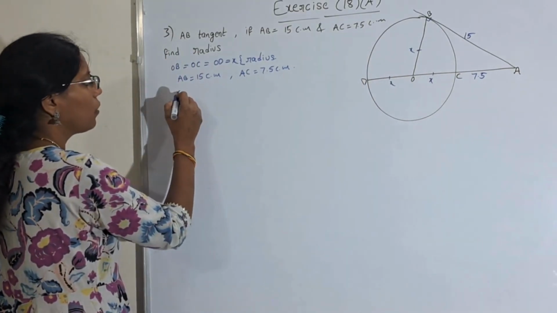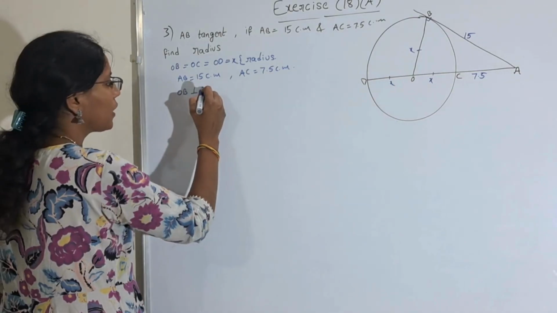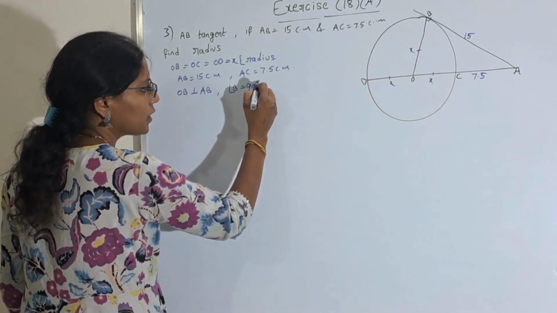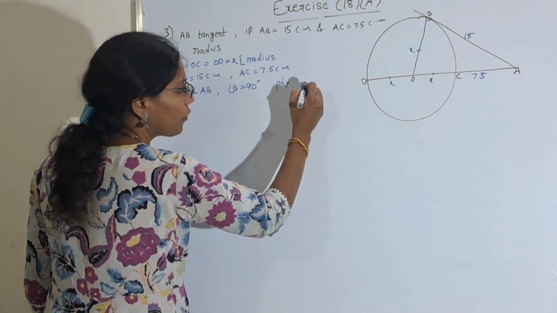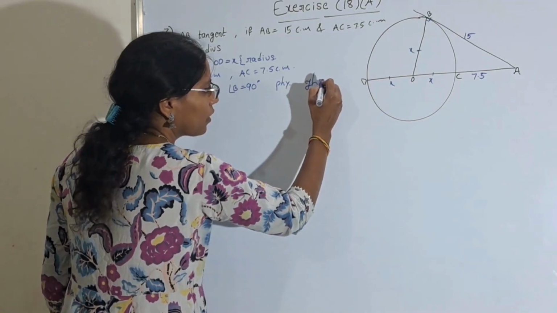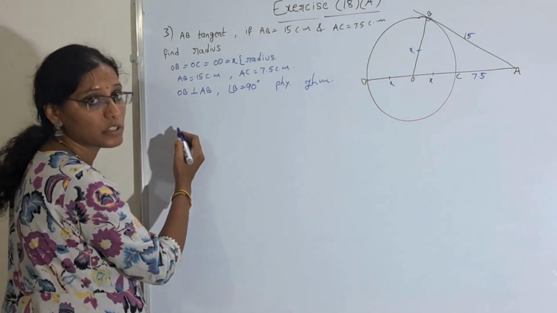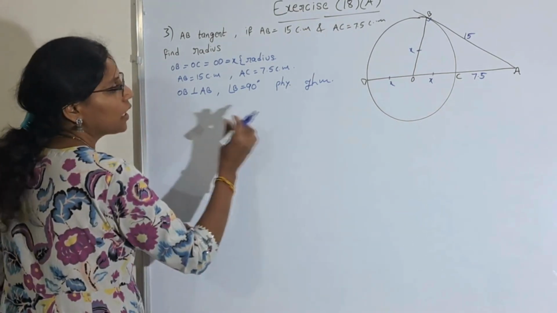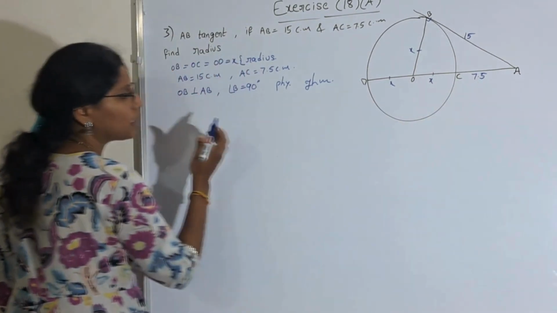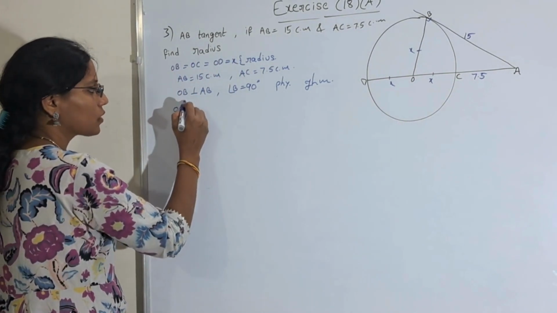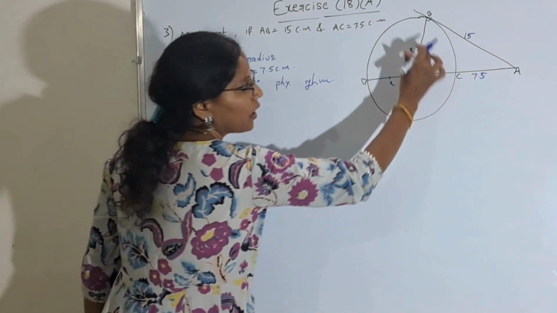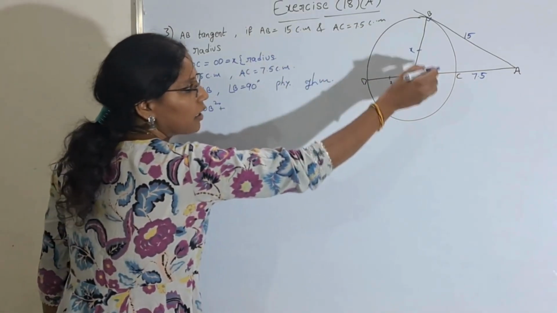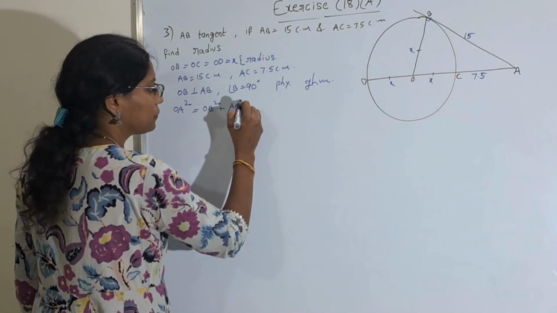Here OB is perpendicular to AB, angle B is equal to 90 degrees. Pythagoras theorem: square of the hypotenuse equals the sum of the squares of the remaining two sides. Here what is the hypotenuse? OA is the hypotenuse. OA square is equal to OB square plus AB square.